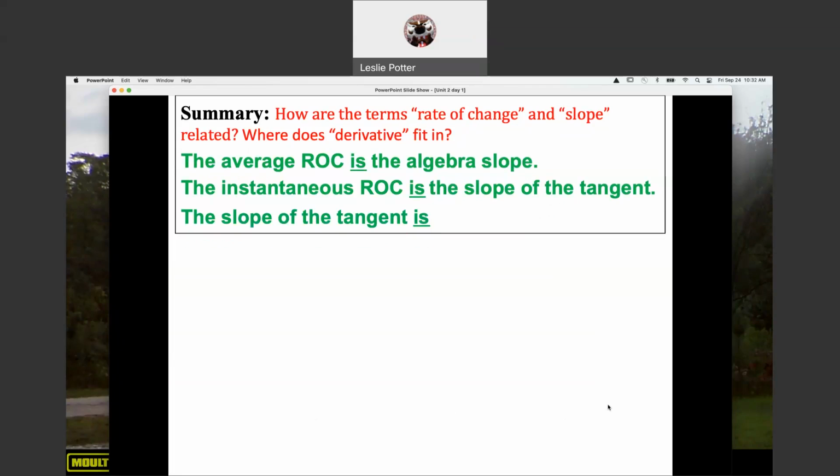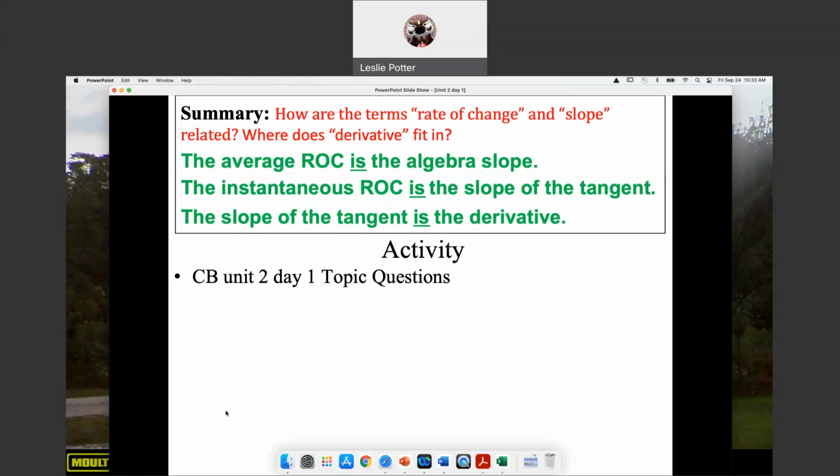And then we know that the slope of the tangent is the derivative. Okay. So in your topic questions, it's literally going to be asking you, what is the derivative?